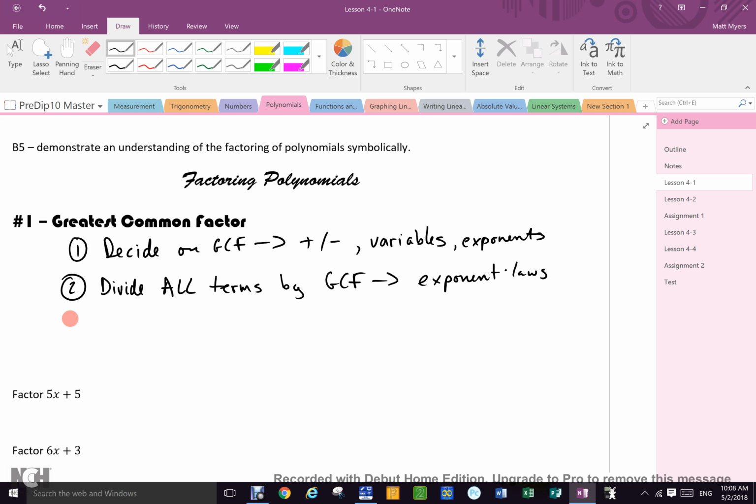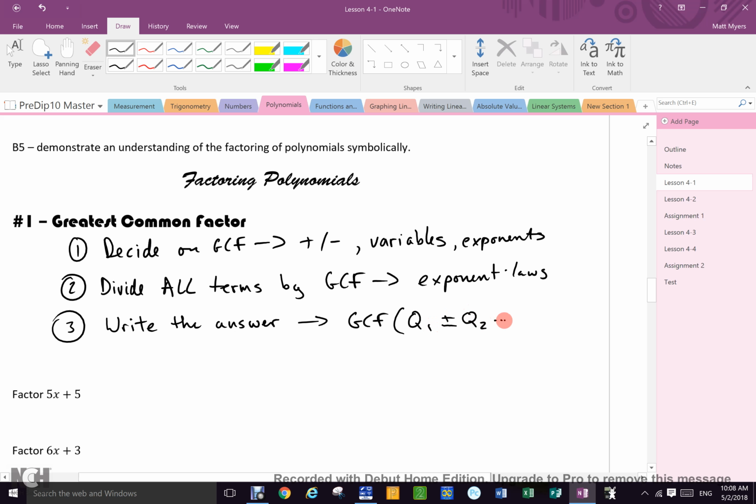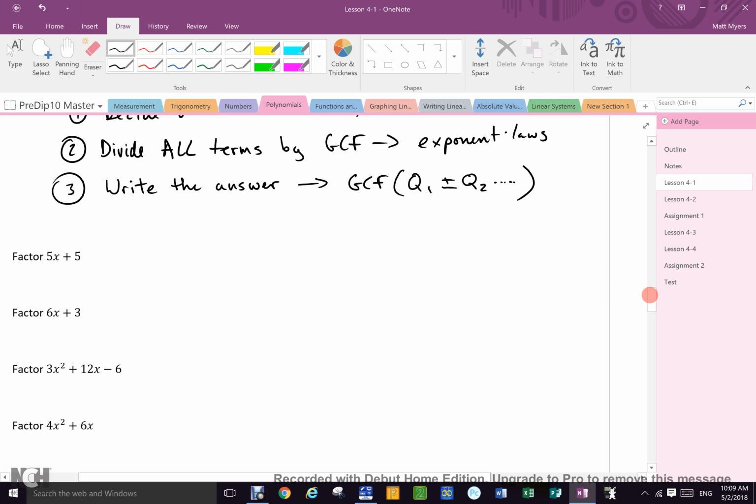And number 3, what is it? GCF bracket quotient 1 plus or minus quotient 2 and so on. So we'll start nice and easy.